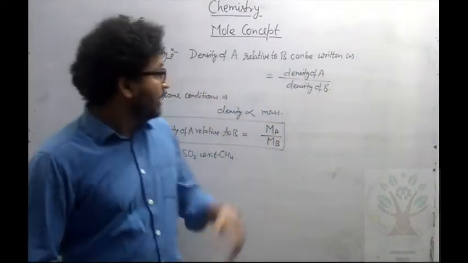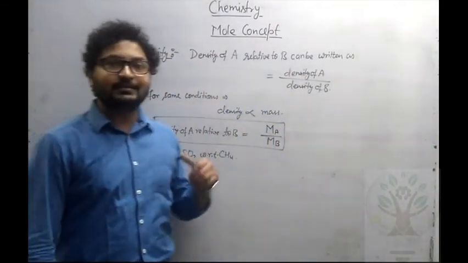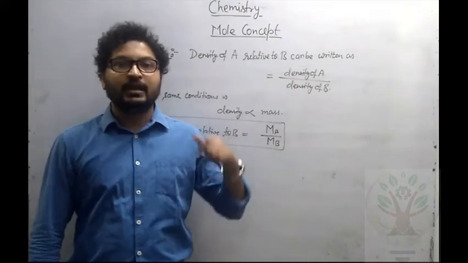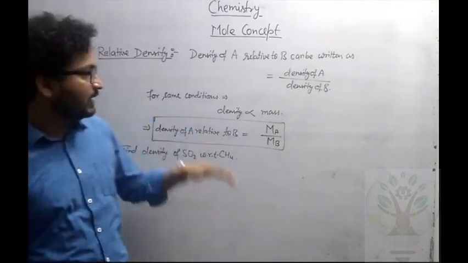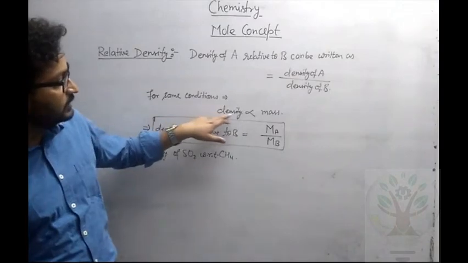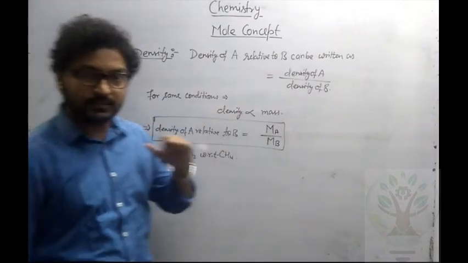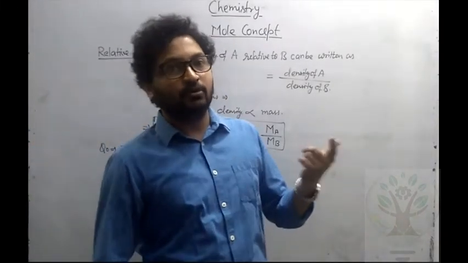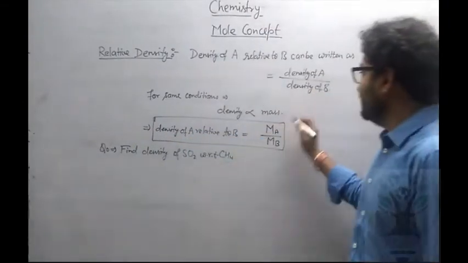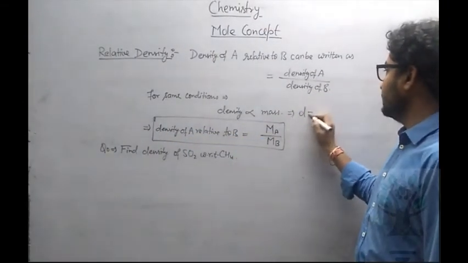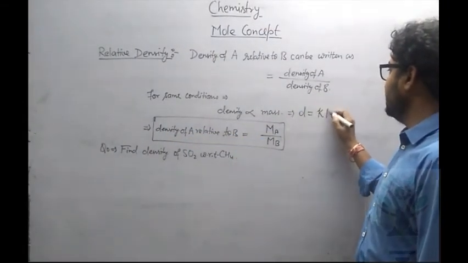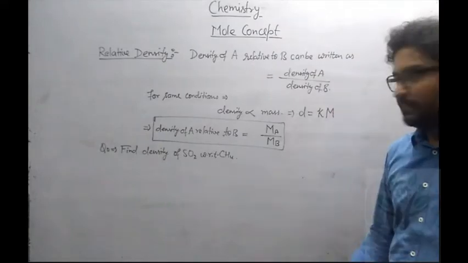You're getting this thing? If we have same conditions like same temperature, same pressure and same moles, in that case density is directly proportional to mass. Meaning the more the mass, the more the density. So you can write this also: density equals some constant multiplied by mass. Okay.